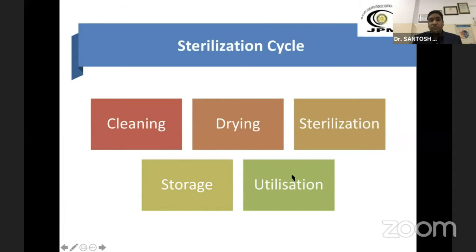So utilization is a process where all the stored items which are already sterilized are going to be utilized inside the OT. Then after utilization, the same process of cleaning, drying, sterilization follows in the cycle. This is called the sterilization cycle and needs to be well documented with SOP for each OT.